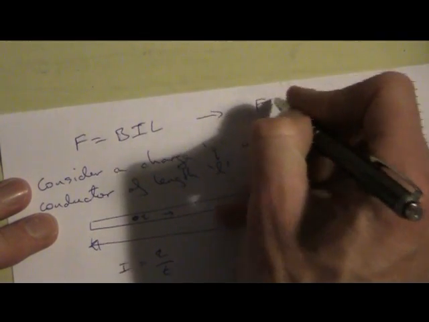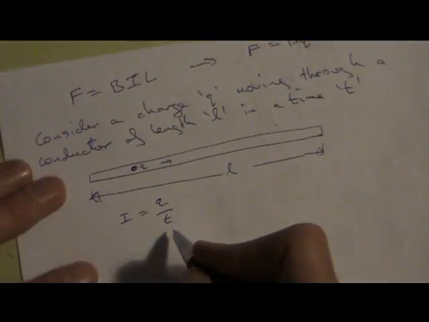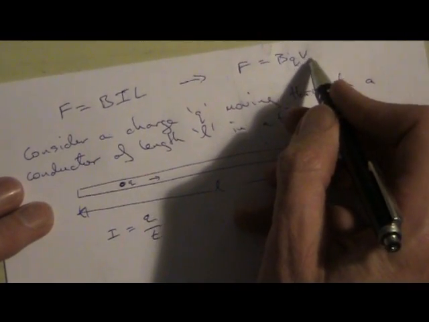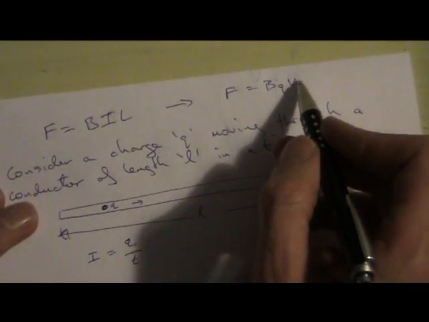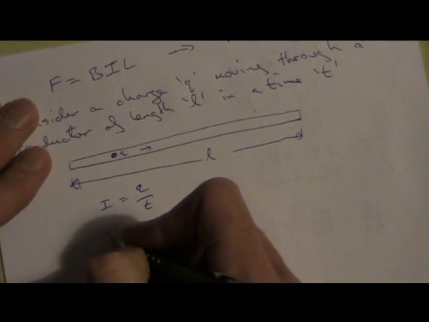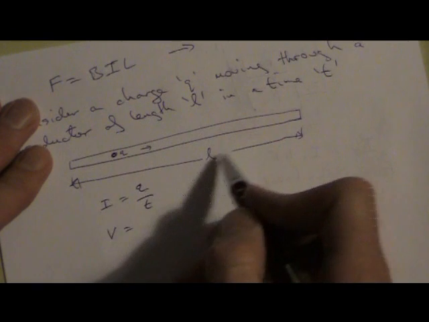Now what we're trying to get here is F equals BQV. If current is Q over t, there's your Q. Now the V, what's our velocity? Well, velocity is displacement divided by time, or distance divided by time.